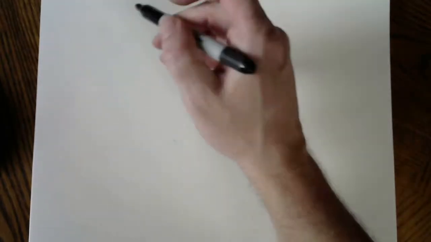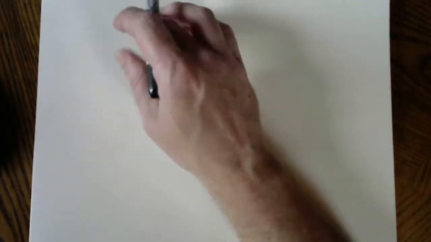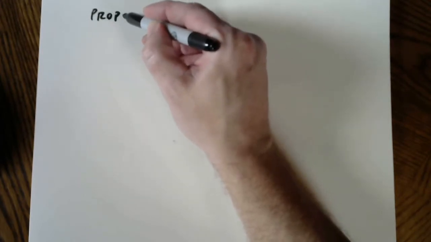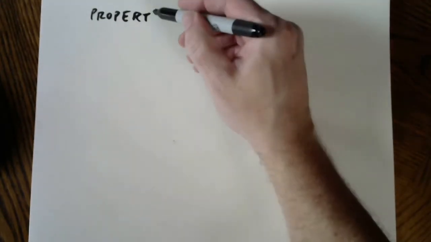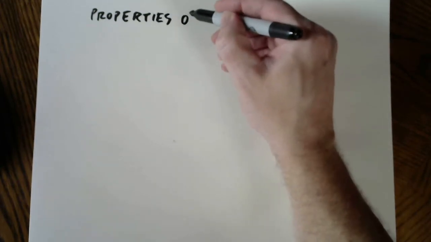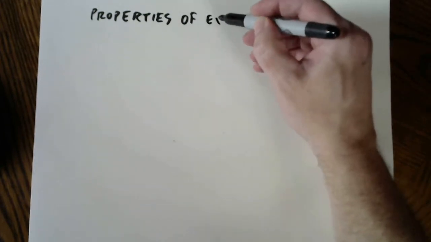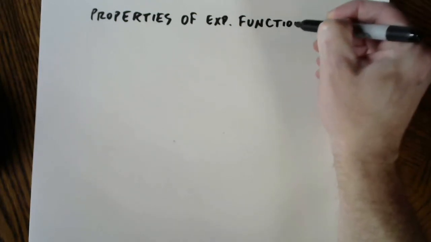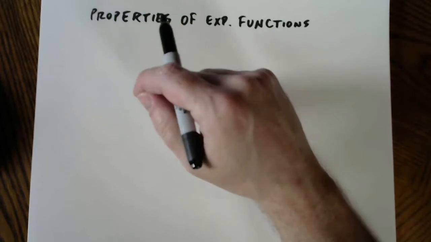Now, we mentioned that the 1 is kind of a value that delineates two types. And what I mean by that is we're going to have properties of these exponential functions. 1 is thrown out.